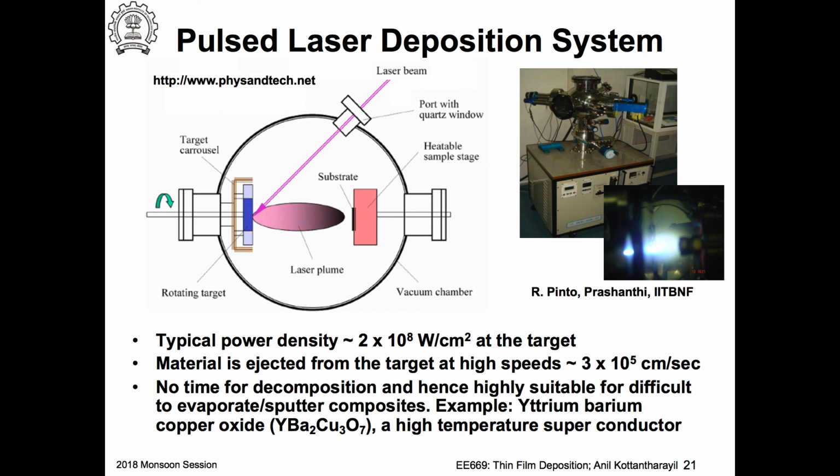So in a fraction of a second, the particles will be already on the substrate. Okay, this is the typical speed. So there is no time for decomposition. The laser hits the target, and in no time they are on the substrate.